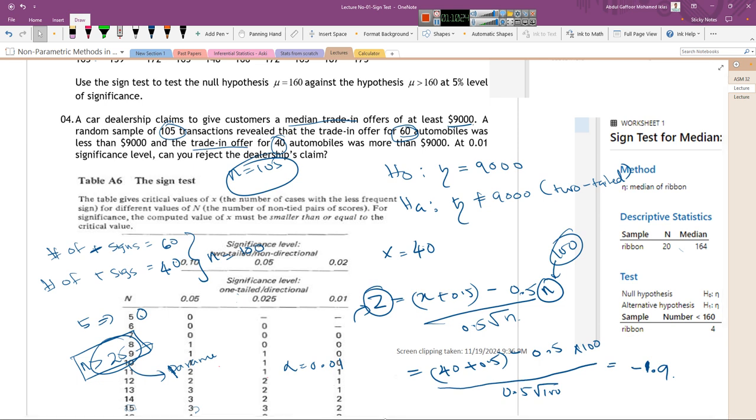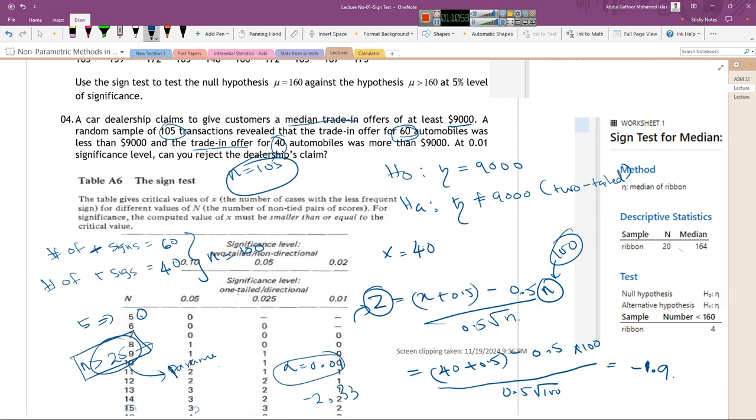Right. So if you look for the critical value at 0.01 in the z table, it gives minus 2.33. Okay, right.